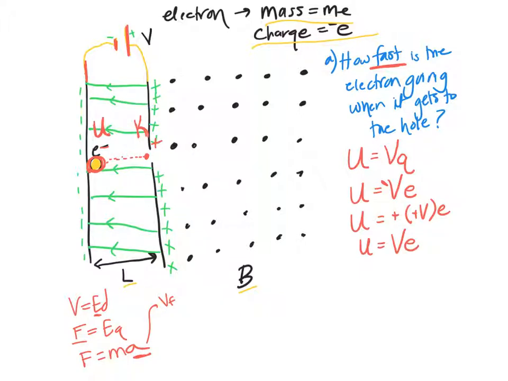Yay! Okay, why am I cheering? Because all of this potential here will turn into kinetic by the time it gets to here. So we have now our kinetic energy, which is V times e. If you have kinetic energy, you can use the mass of the electron times the velocity squared divided by 2.